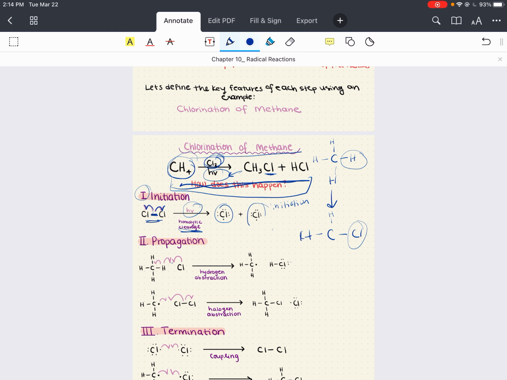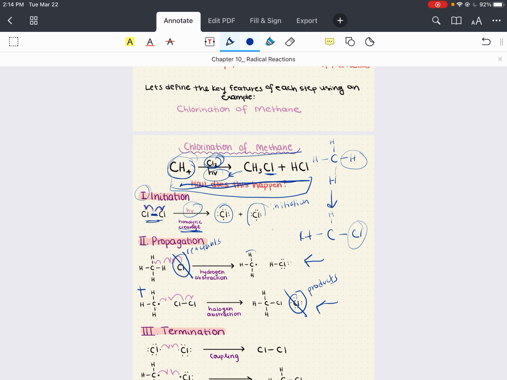In the hydrogen abstraction step, we have a chlorine radical in the reactants. In the second step, we have a chlorine radical in the products. So these cancel out when you add these 2 reactions together.